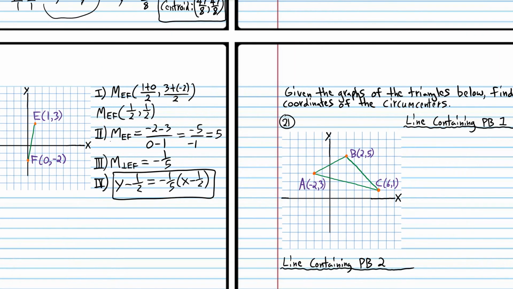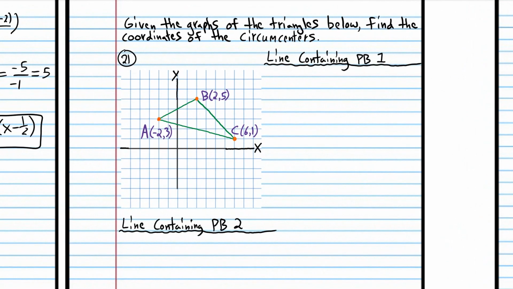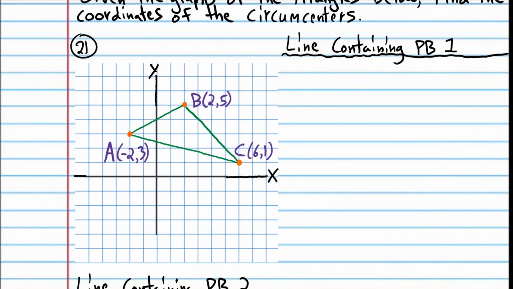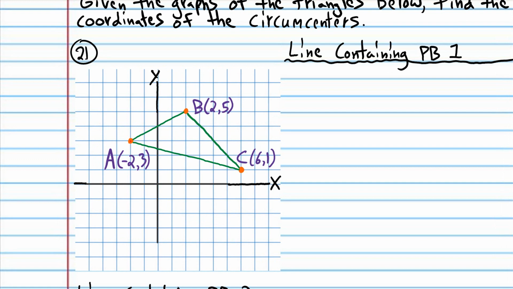So now we're going to jump right into problems finding the circumcenter. So as you can imagine, we're going to find two perpendicular bisectors, and we're going to find the intersection point. I'm going to find this perpendicular bisector, and I'm going to find this perpendicular bisector.